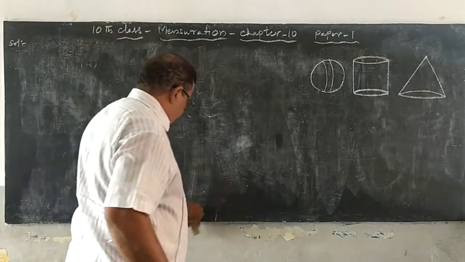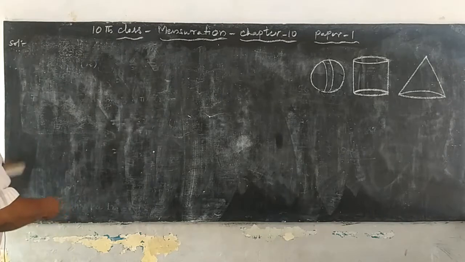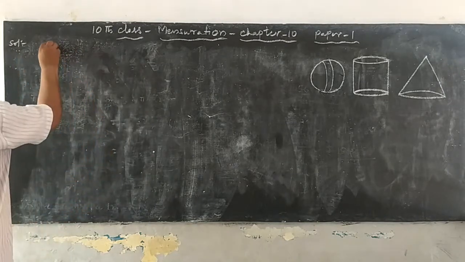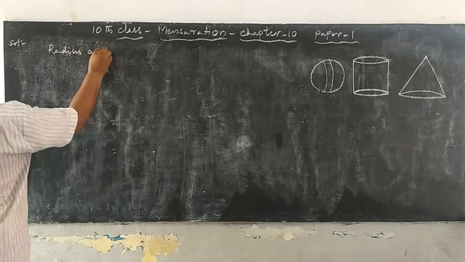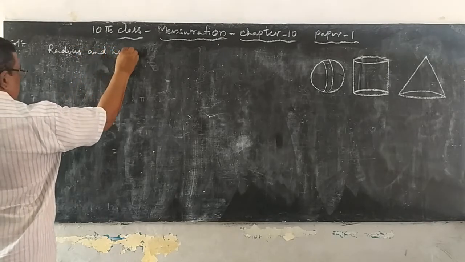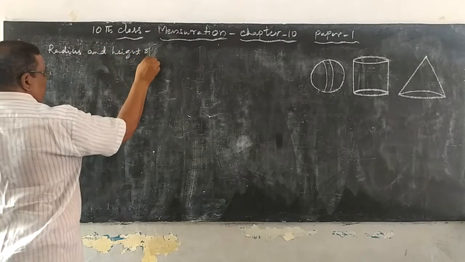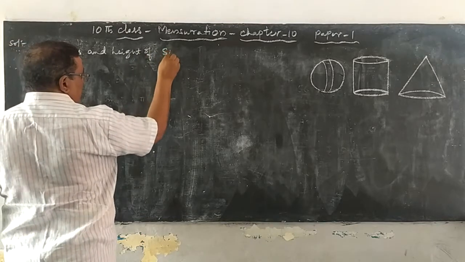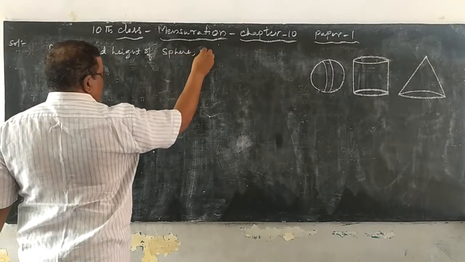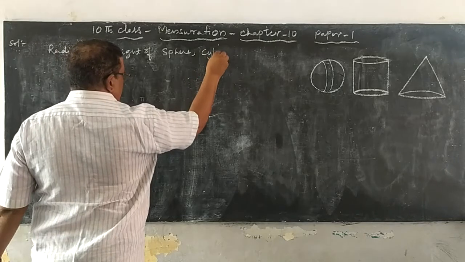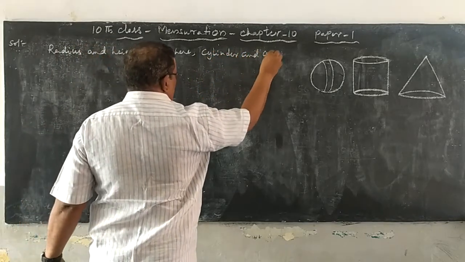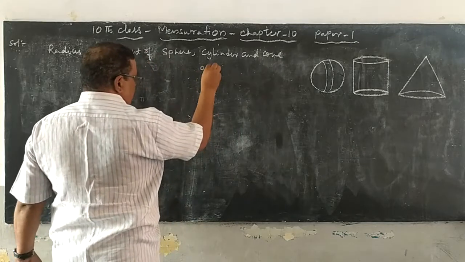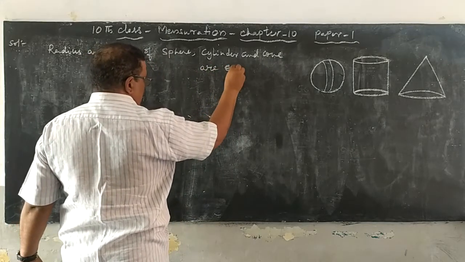Okay children. So the radius and height of the sphere, cylinder and cone are equal. This is given for us.